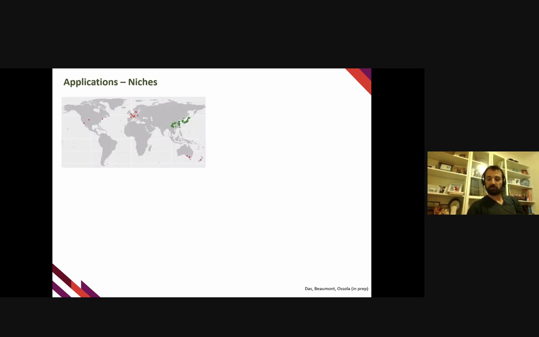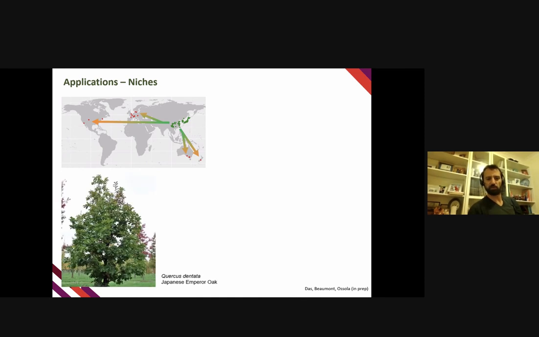Another thing, and here I need to credit one of my PhD students, that we're trying to do is to understand to what extent the inclusion of urban records from GUTI is essentially changing the climate niche of these different species. So this is an example from Quercus dentata. I need to thank Ronnie, my PhD student, for providing this slide.